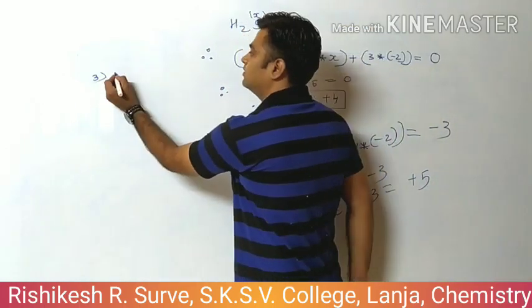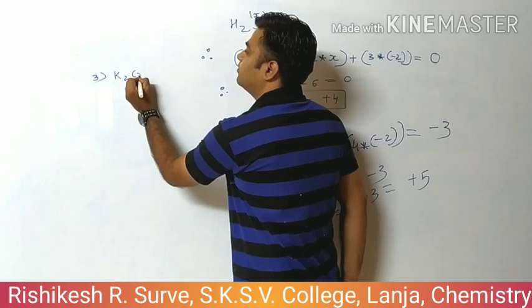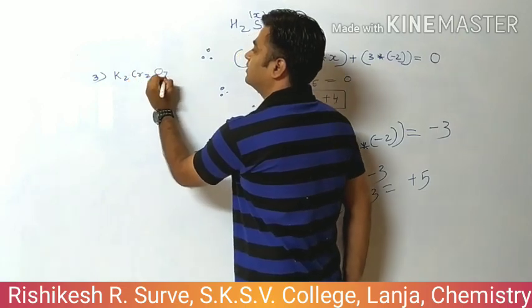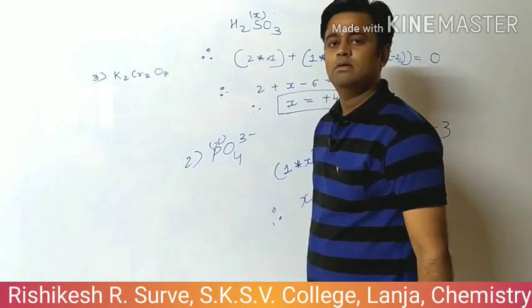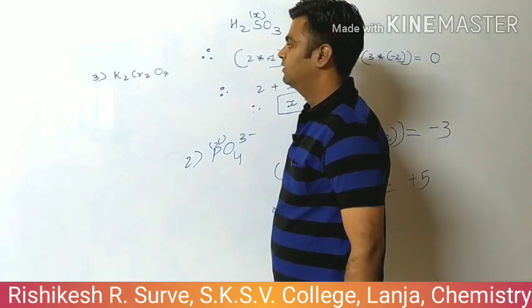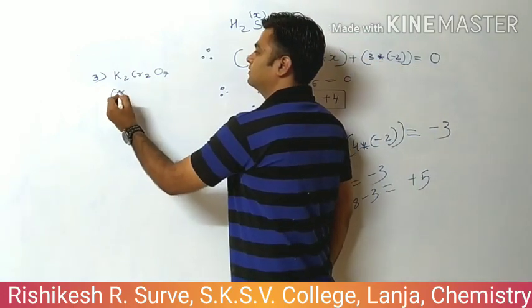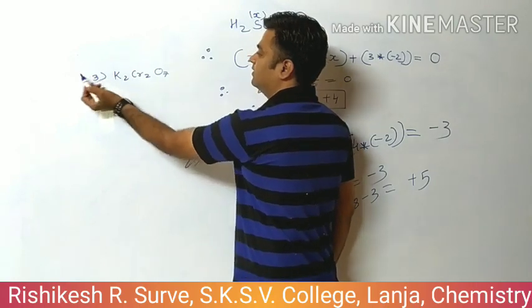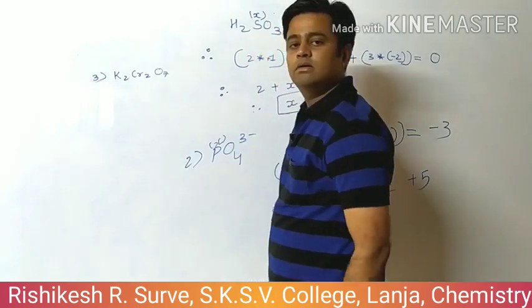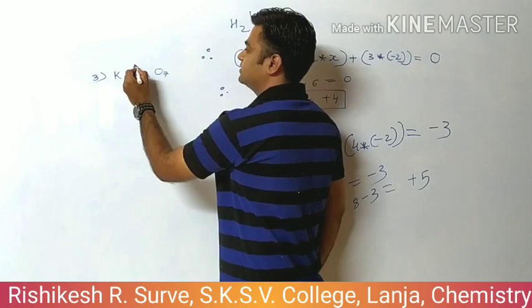Another example, third example, let's take it. Potassium dichromate, K2Cr2O7. Let's find out the oxidation state for chromium.